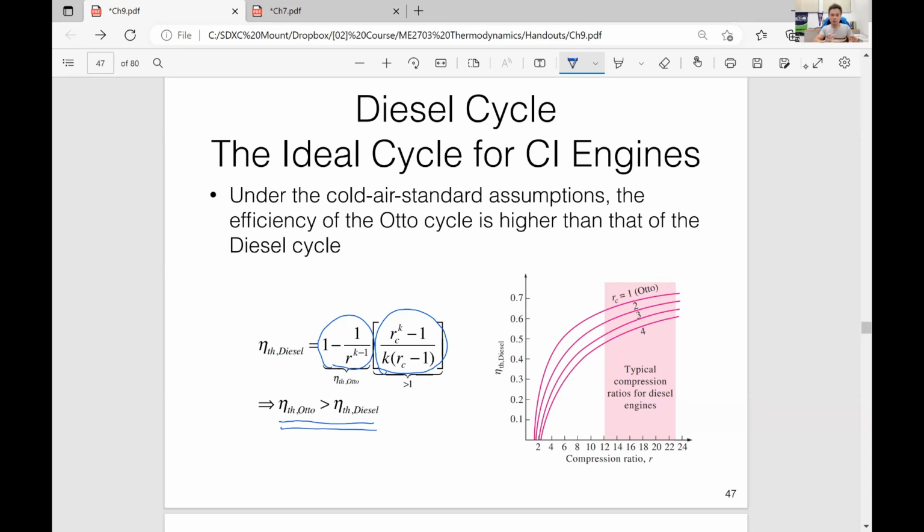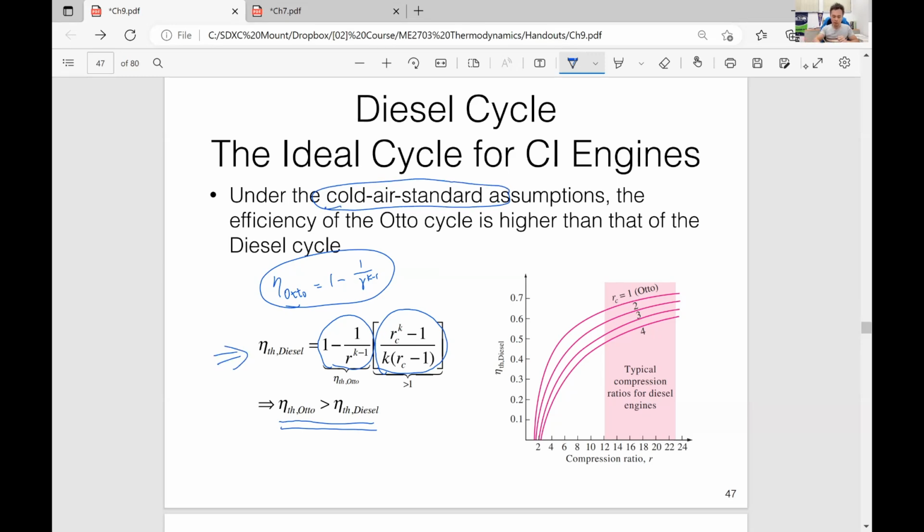Well, the specific heat ratio is the same because we are using cold air standard assumptions for both cycles, right? So eta Otto is 1 minus 1 over R to the K minus 1. This is based on the cold air standard assumption, and this is also based on the cold air standard assumption.